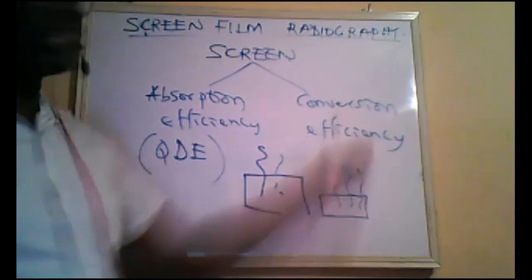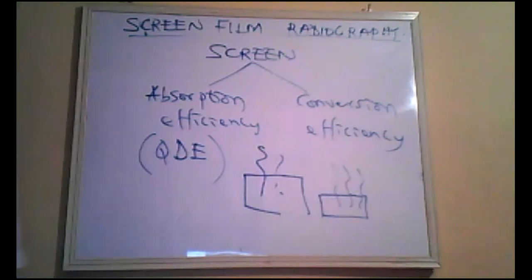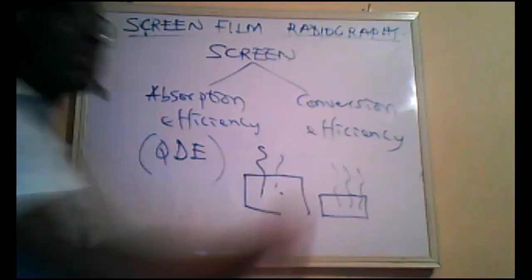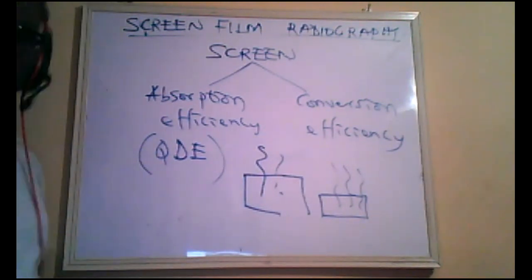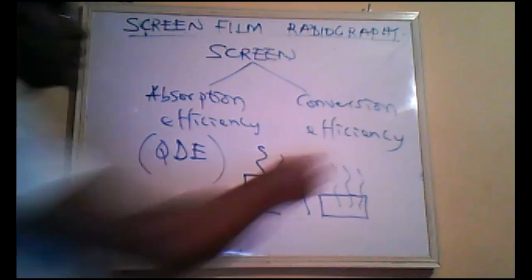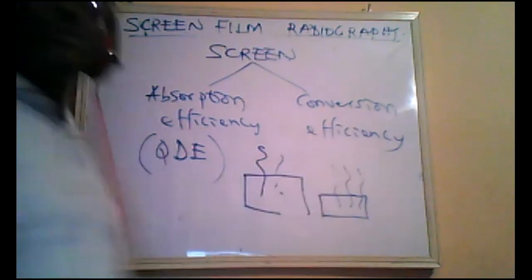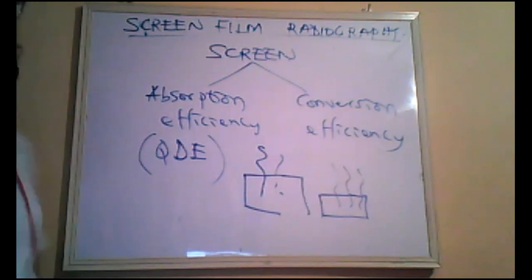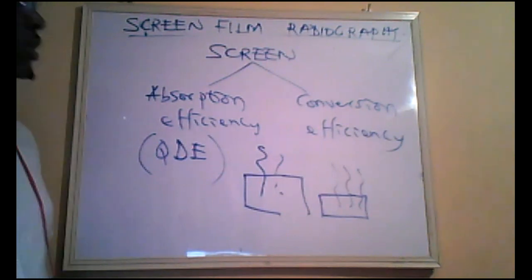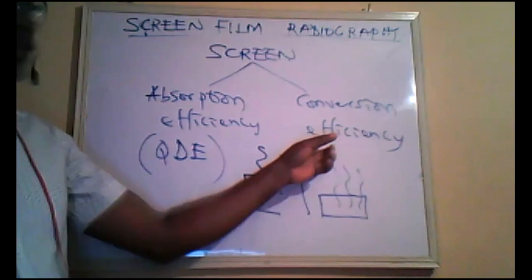So conversion efficiency is inherent in any particular screen, so it is not something one can easily measure. Some screens can have a very good conversion efficiency. That is, if a photon of X-ray falls on it, how much light photon can be generated from it.